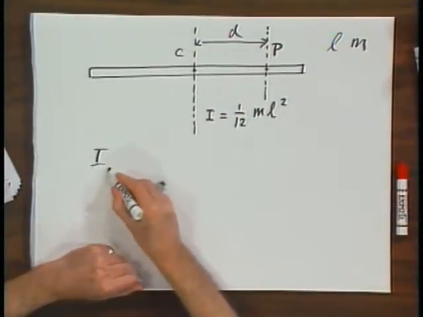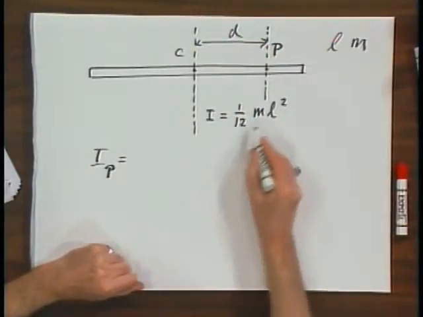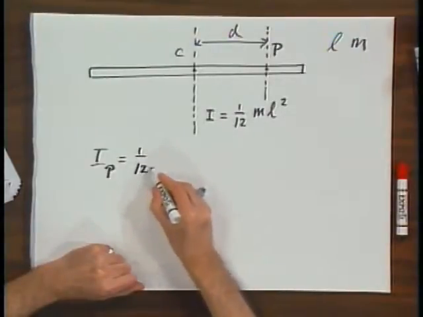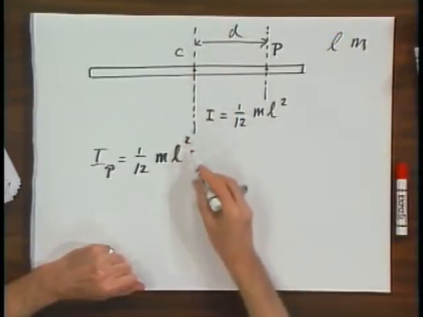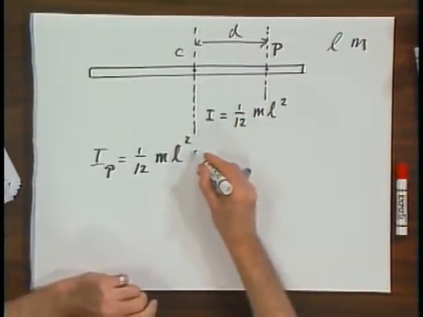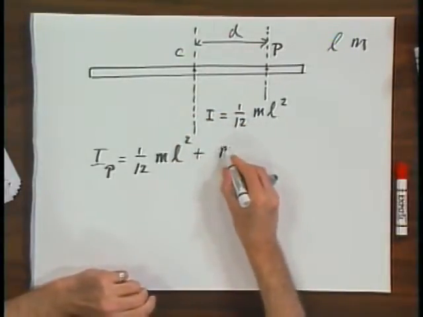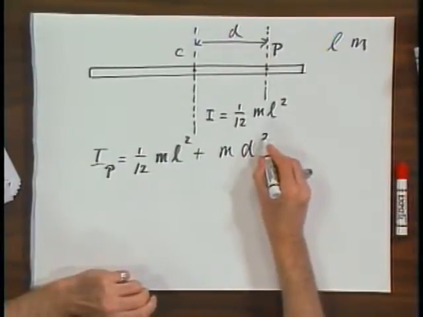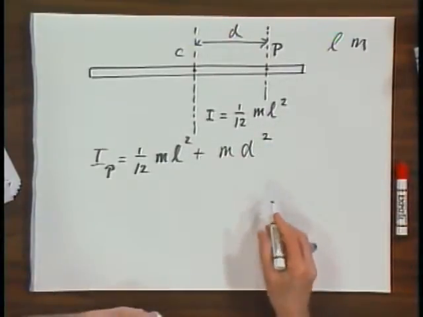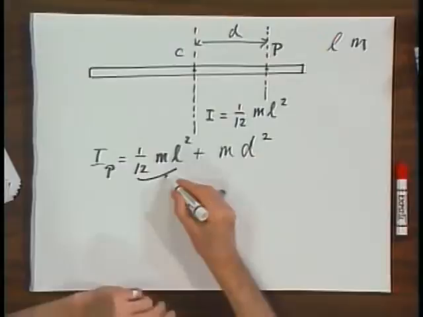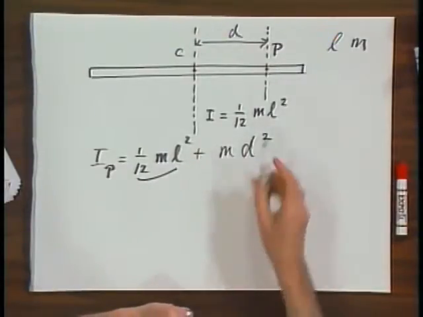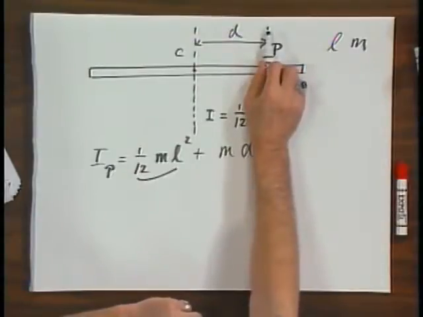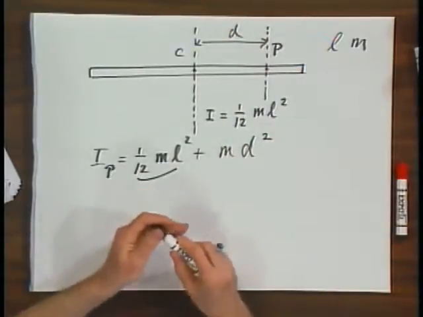Then that moment of inertia equals 1/12 mL squared, which is the moment of inertia about the axis through the center of mass, plus m times d squared. We derived this one, but you could have looked it up in a table, whatever you prefer. But when you want to know what it is about this axis, you apply the parallel axis theorem.